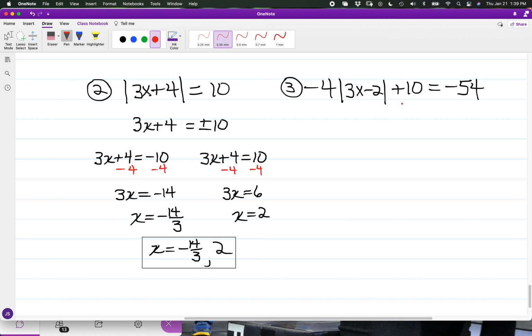So here we're going to have negative 4 times the absolute value of 3x minus 2 equal to negative 54 minus 10. Okay, so this would be a negative 64. And now to get the absolute value of 3x minus 2 by itself, again, we cannot distribute negative 4, but we can divide the whole equation out by negative 4.